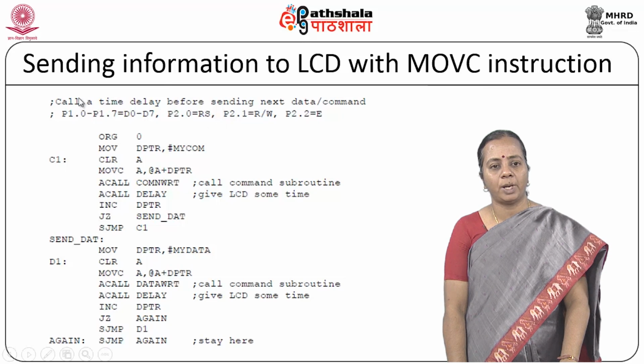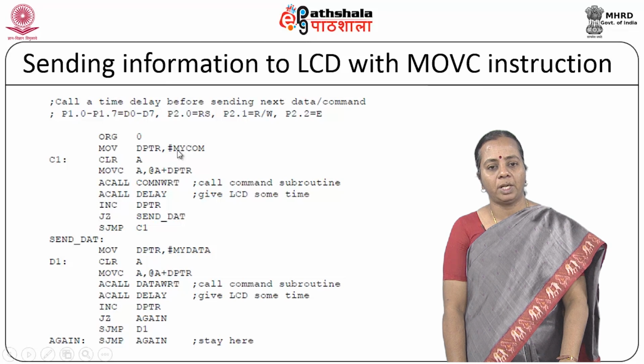This has been demonstrated with this particular code segment, where move dptr, hash mycom. The mycom is nothing but the address space where I wanted to give that particular address. Now, clear A, move C, because I am reading it from code, so move C A comma at A plus dptr.